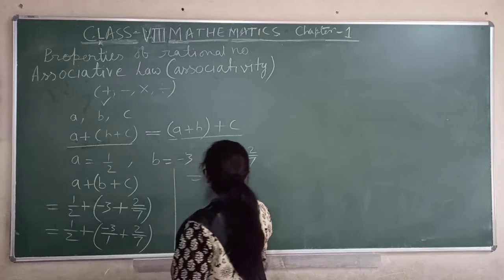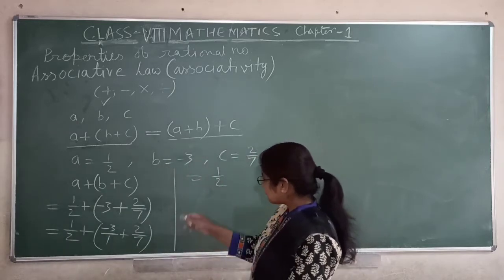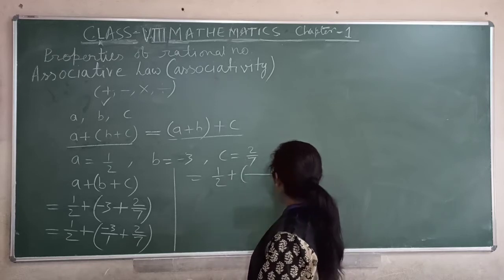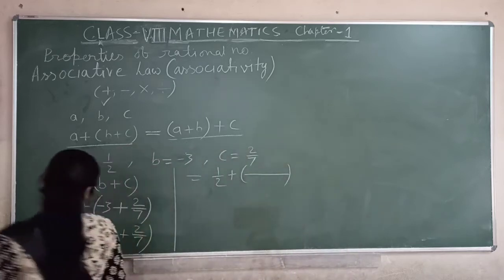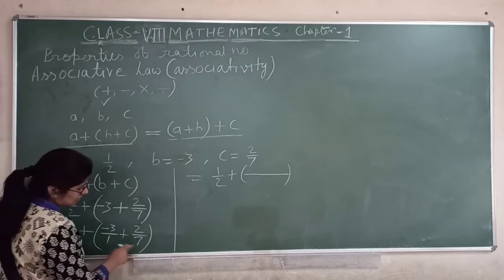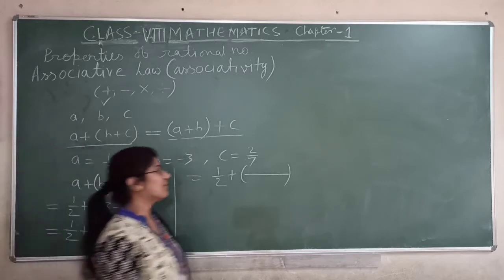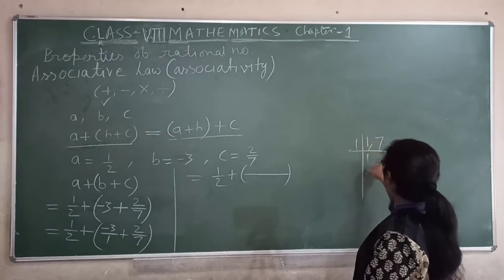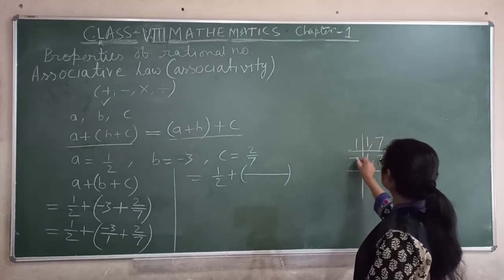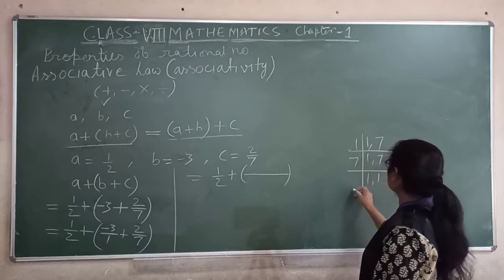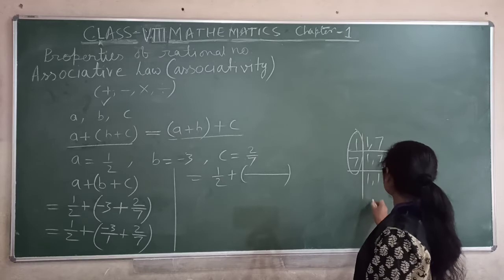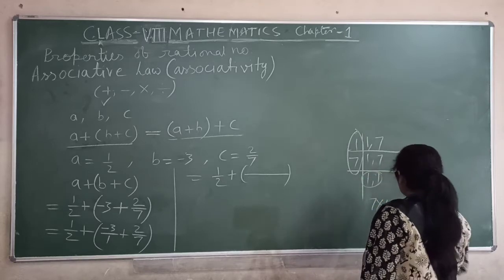Then 1 by 2 plus, within bracket, now we have to find the LCM of 1 and 7. One method: 1 and 7, then 7 times 1 times 1, so 7.